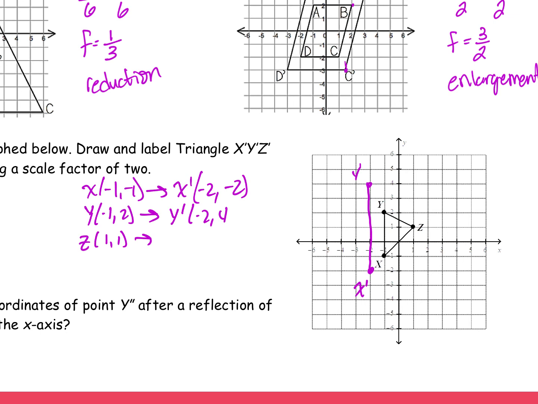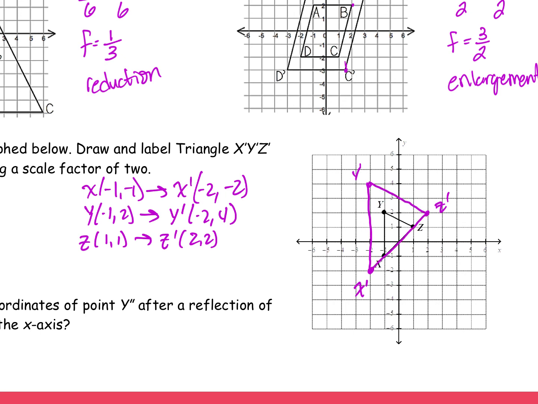So where's Z prime at? Negative 2, negative 2? Where's Z prime at? 2, 2. Good. Did you not see my face when you said negative 2, negative 2?